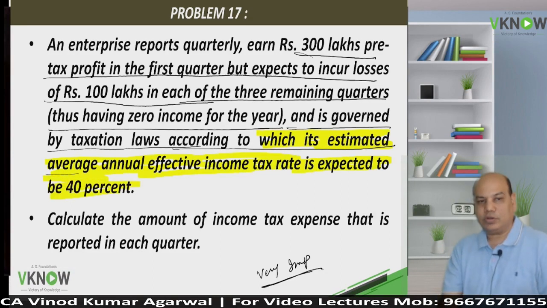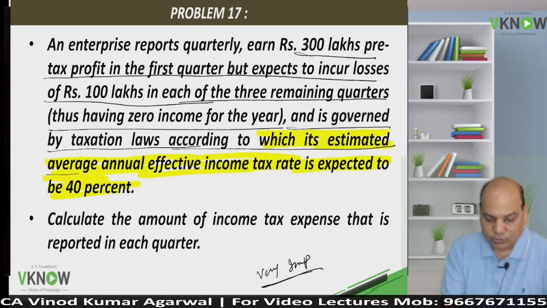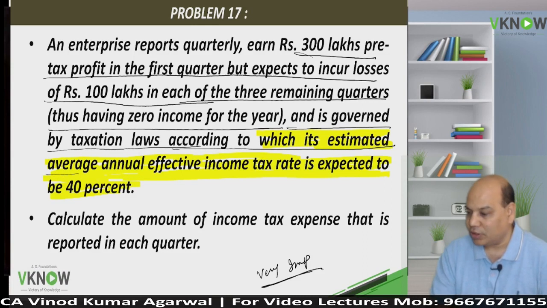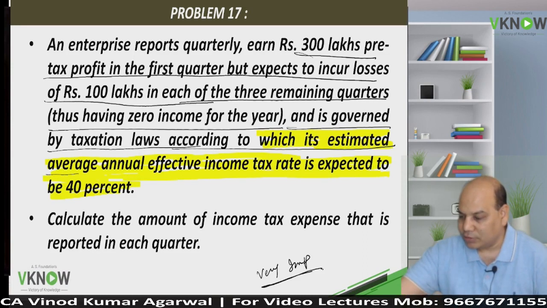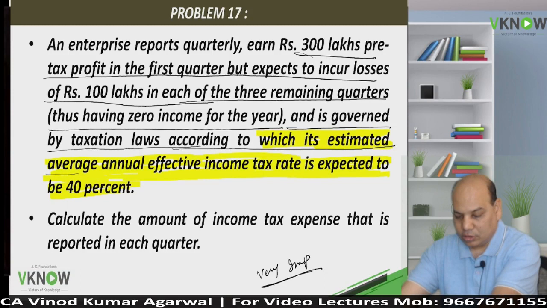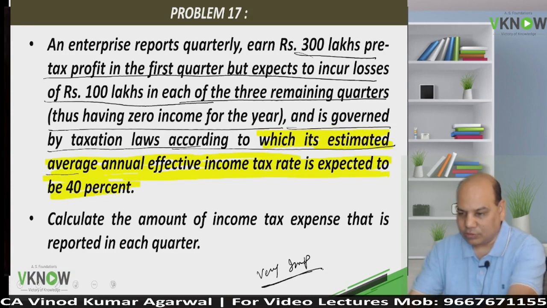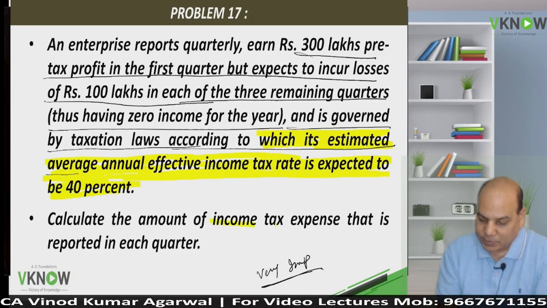So they have given you this average tax rate 40%. They have already calculated it for you. You don't have to use your mind and check how this was calculated. Now the question is, calculate the income tax expense that is reported in each quarter.